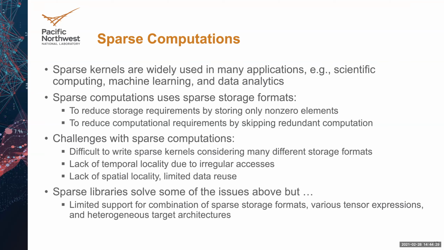There are libraries that come with solutions to optimize some of the sparse kernels. However, considering the combination of sparse storage formats, the different tensor expressions and the underlying heterogeneous target architecture, it is difficult to think that sparse libraries can address all the challenges we talked about.